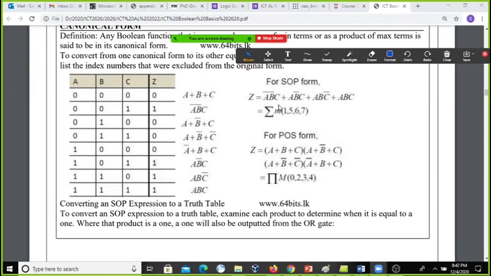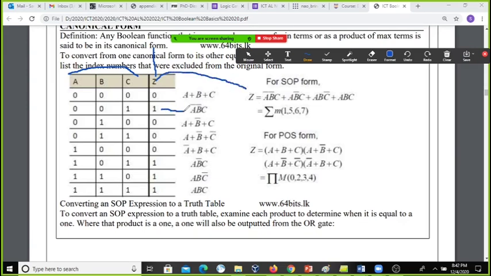So like this here, when you have the inputs, these are the inputs and this is the output. Now we want to get the expression for the output. So here you can see this is 1. 1 is giving the SOP, sum of product.